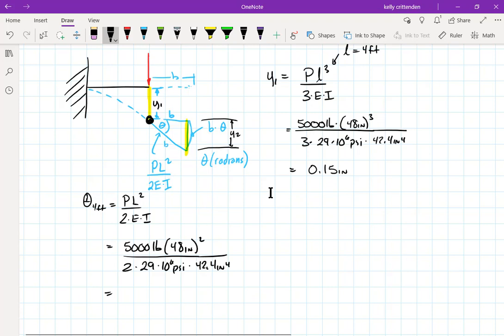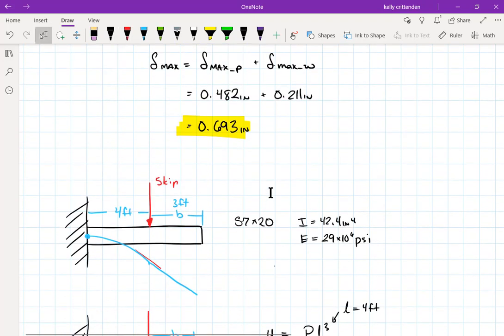But I want to figure out how much the beam is sloping at the end of 4 feet. And then I'm going to continue that slope for the rest of the beam to 3 feet. But if I put 3 in there, this equation is based on a cantilever beam with a point load on the end of it. And so it wouldn't make sense to put the 3 feet in there, because that would be like I had a load out here somehow.